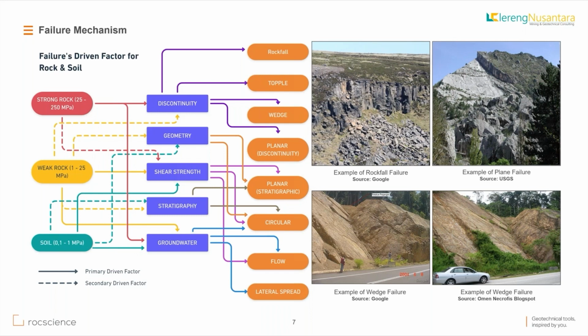As for failure-driving factors, I divided them into 5 factors, which are discontinuity, geometry, shear strength, stratigraphy, and groundwater. But due to our limited time, I will not explain the detail of each factor. The point is, wedge failure, as you can see, is primarily driven by discontinuity. And as you may know, when the discontinuity plane becomes the primary failure driver, it will reduce the shear strength effects on the factor of safety.